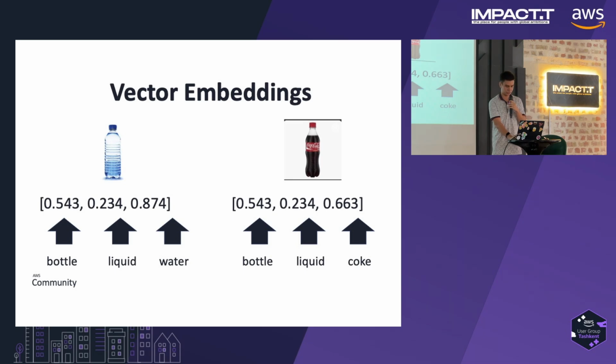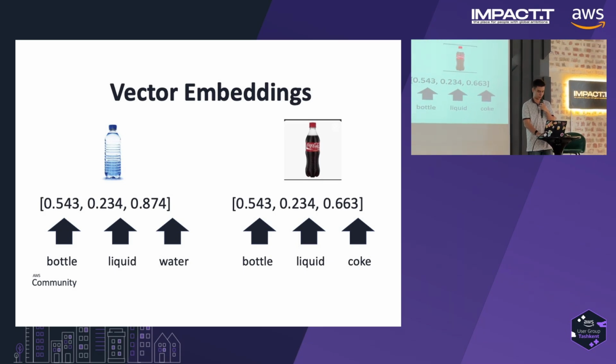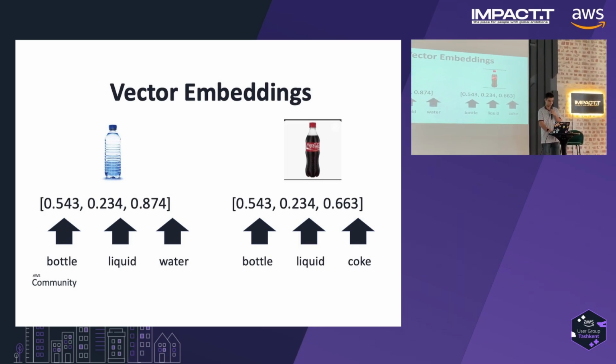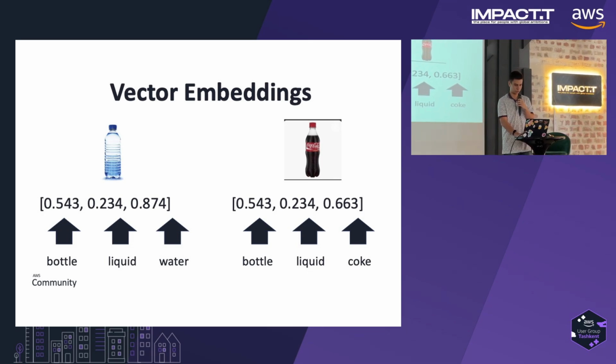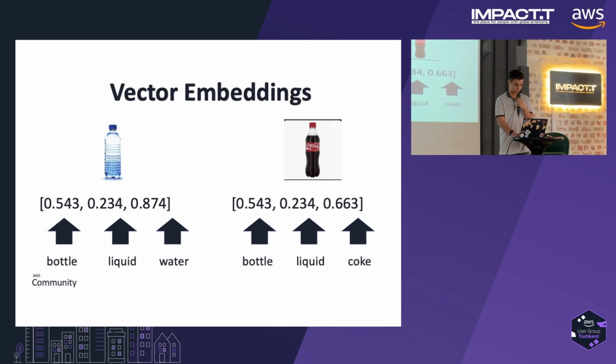ChatGPT has about 12,000-dimensional vectors for each token, which is huge. And each of these numbers holds a semantic meaning. Also, we can do some interesting stuff with it. If we take the vector of Tokyo and do Tokyo minus Japan plus Germany, apparently we will get answers like Frankfurt or Berlin or Düsseldorf.